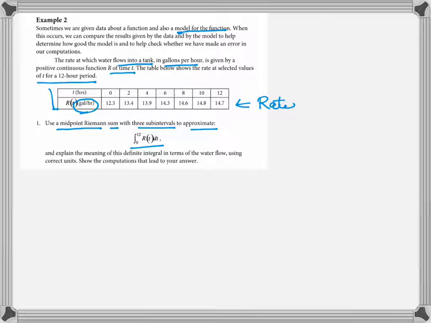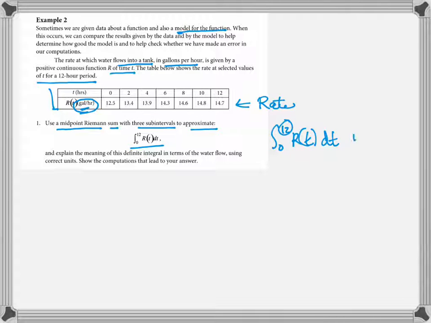Okay, so let's just do that first. The integral from 0 to 12 of r(t) dt, going backwards, if you were given a rate and take the integral, it's just going to give you gallons. And it's the gallons over this number right here, 12 hours.